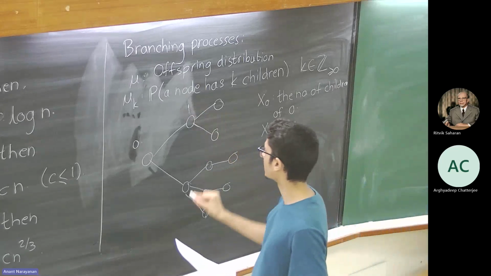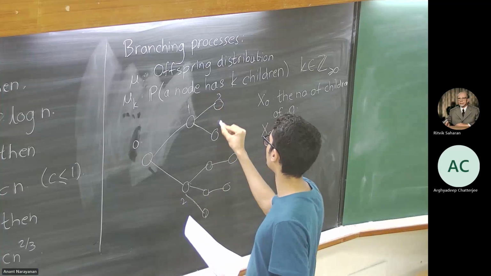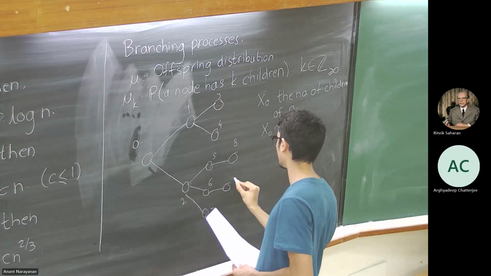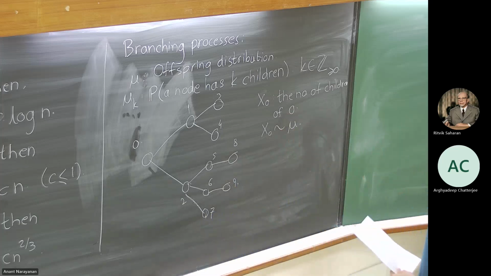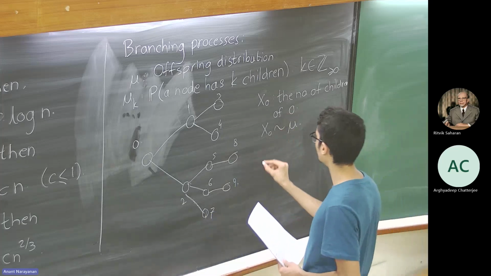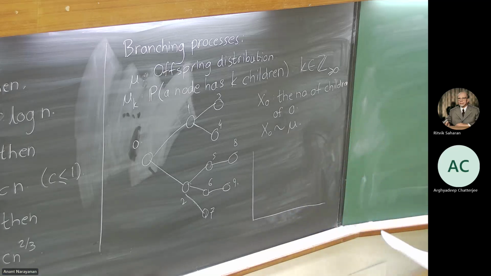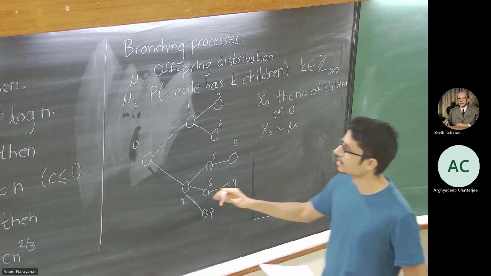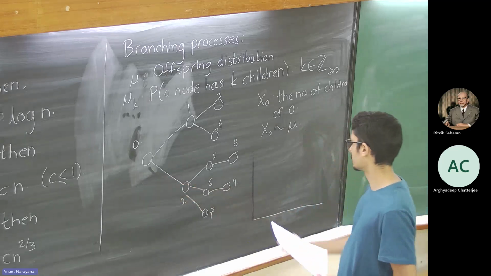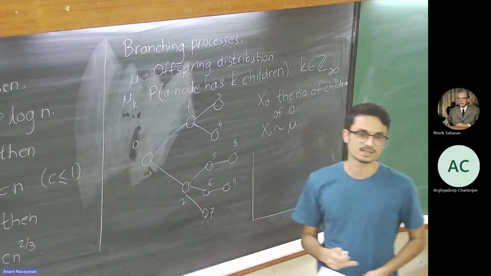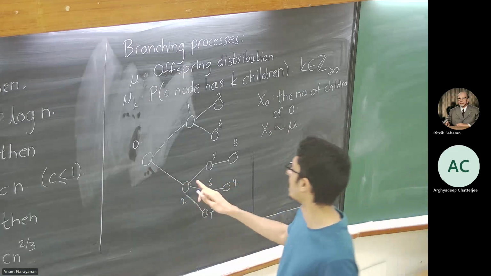And start labeling this. So what I'm doing is I count the number of active vertices in the branching.